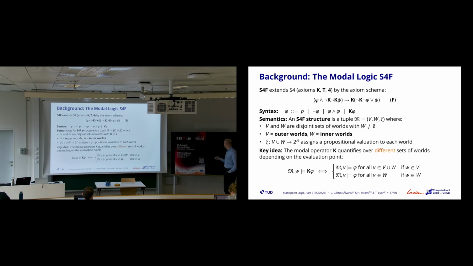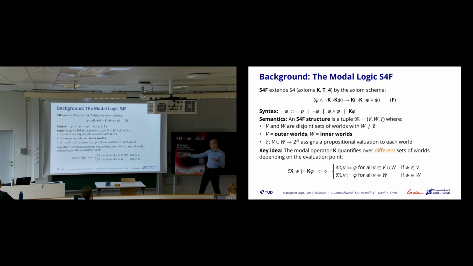And this property of outside worlds can look in, but inside worlds cannot look out, is expressed in this definition of satisfaction in this logic, right? So the satisfaction of the remaining connectives are just standard, just like in propositional logic. The only interesting case is that of the modality, and there, in a certain world W, the structure at W satisfies that phi is known, if and only if, and that depends on whether the world where we are is an outer world or is an inner world.